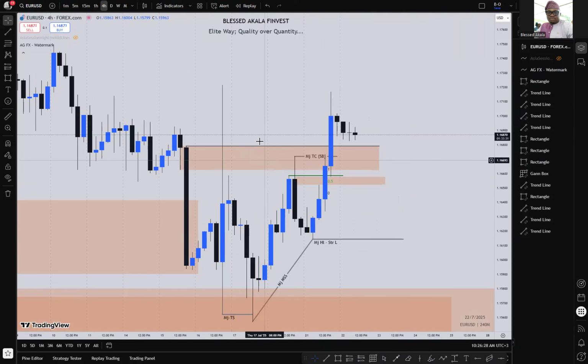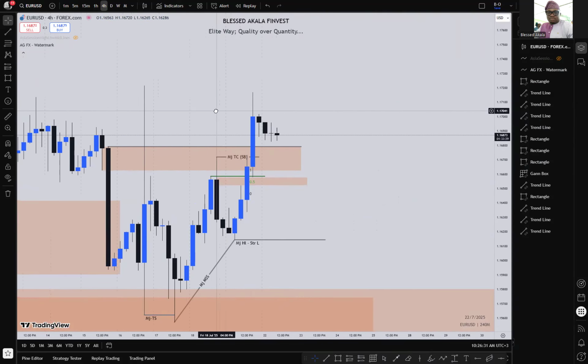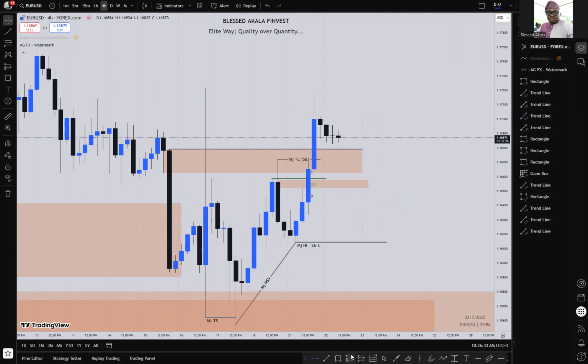Let's continue with the analysis. I just pick the level, I see the level, I quickly take it before price gets into that particular space.